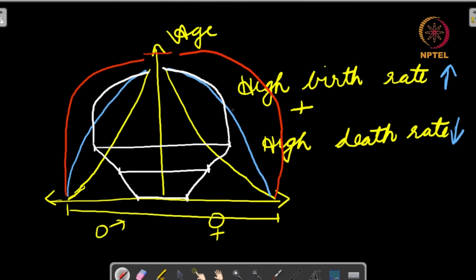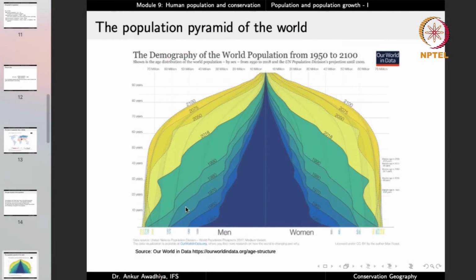Such a curve shows that the people who were born have been able to reach large ages, but today the society is producing fewer children.